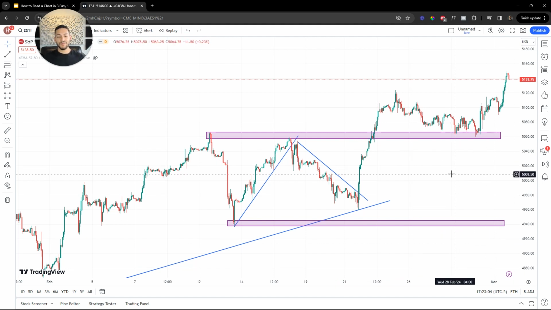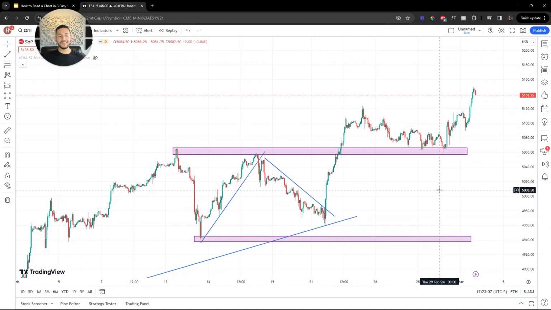Now, something to know about support and resistance is that anytime that a level is broken, there is a high probability that price will come and test it. So for example, here we have a resistance level, right? Very clear. Price breaks the resistance and it eventually comes to test it.